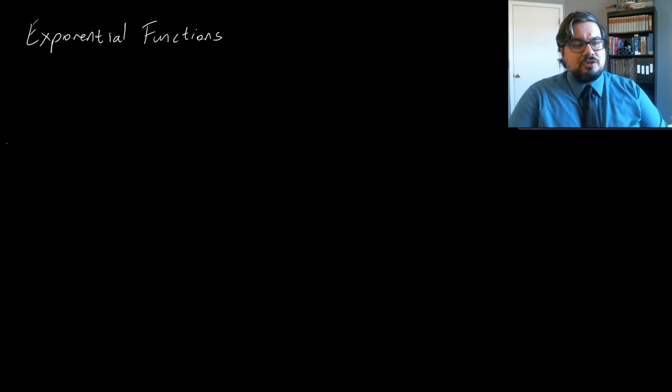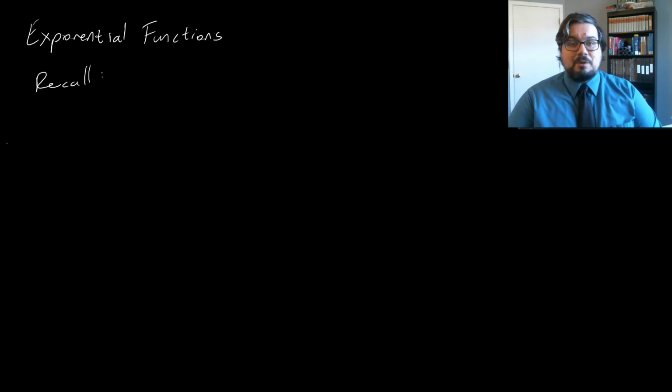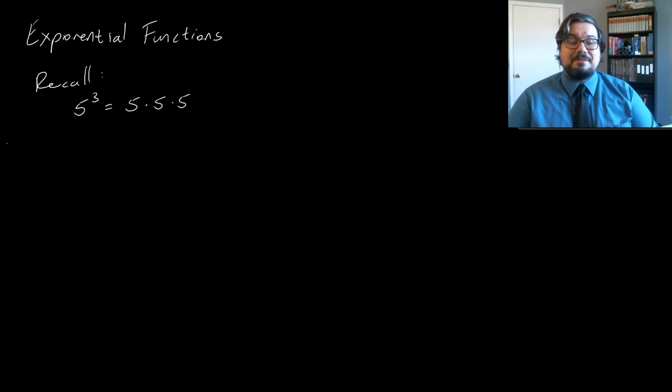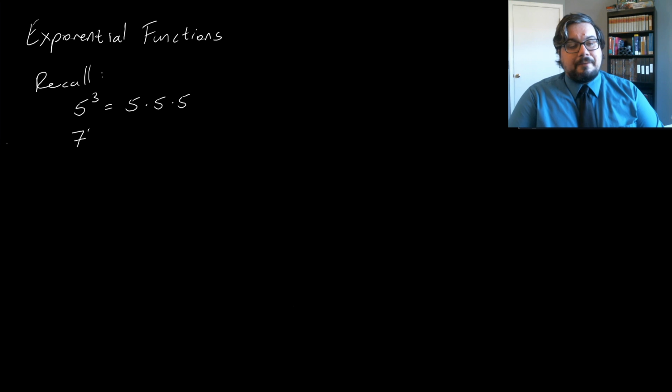So let's just quickly recall some rules about how exponents work. If I've got something like 5 cubed, that by definition just means take 3 copies of 5 and multiply them all together. If I take a number other than 0 and raise it to the 0th power, I always get 1.